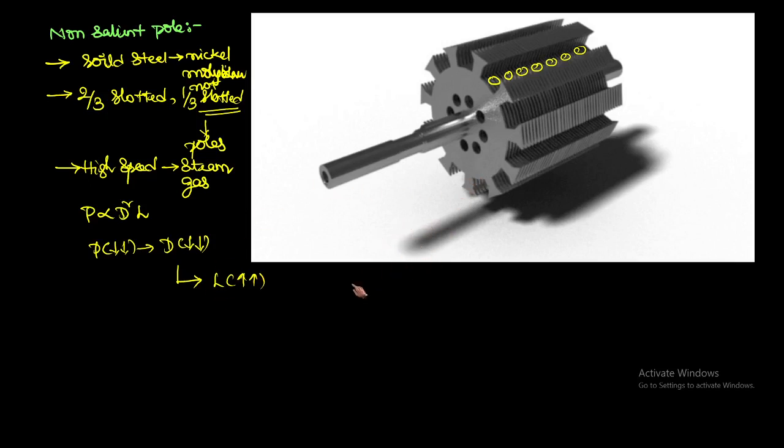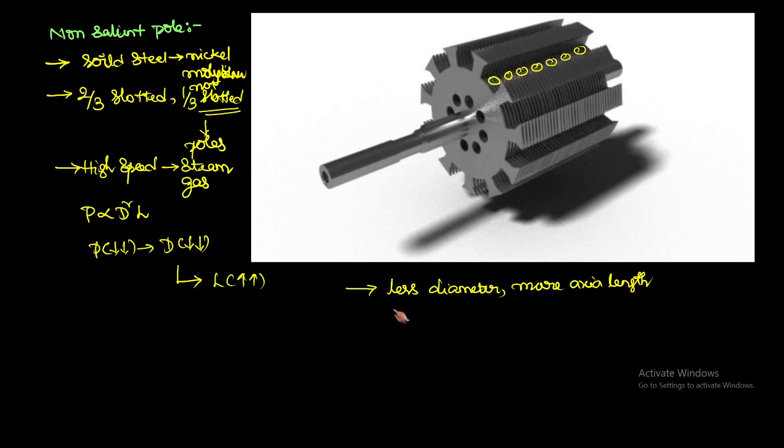So it is having less diameter and more axial length. That is the difference between the salient pole rotor and non-salient pole rotor.